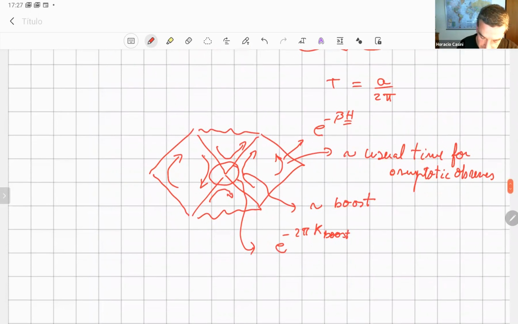It tells you that the black hole cannot be at thermal equilibrium unless your temperature at infinity, your beta here, is the Hawking temperature. Otherwise, it will have something here that is very different from the boost operator, and so locally, for small regions near the horizon, you don't see Minkowski space, and then it's somehow a violation of the equivalence principle.